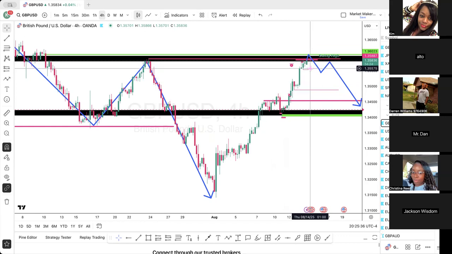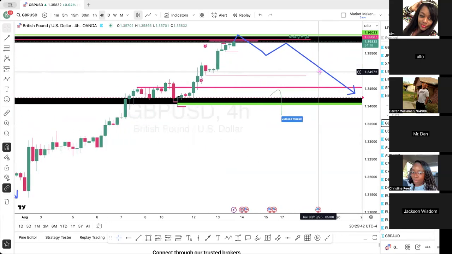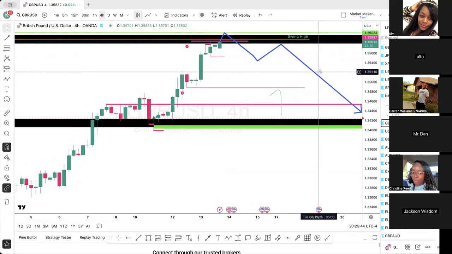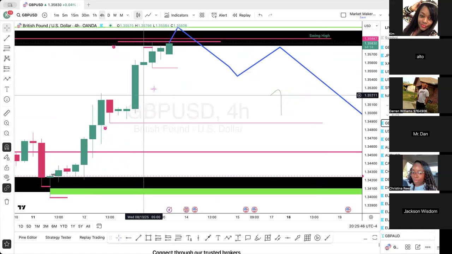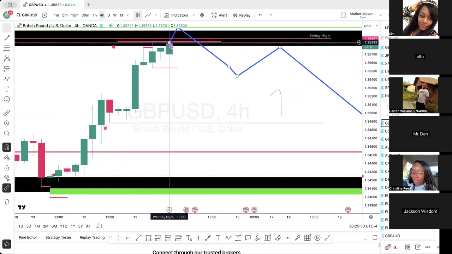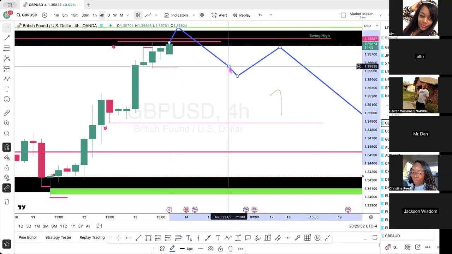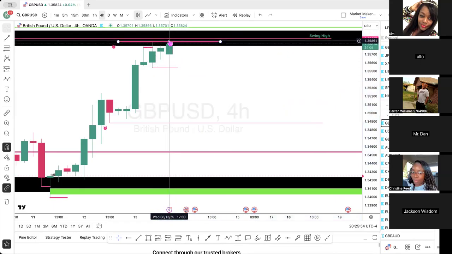This is what I see on the 4 hour, right? So on the 4 hour right now, this is our high, right? This high has been swept right here. This high has swept this high.